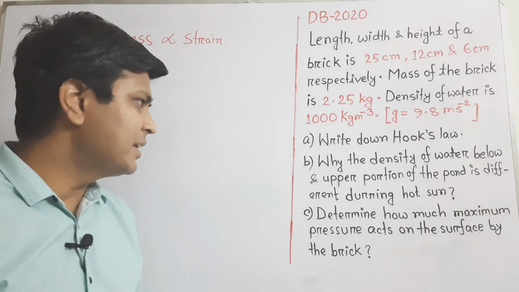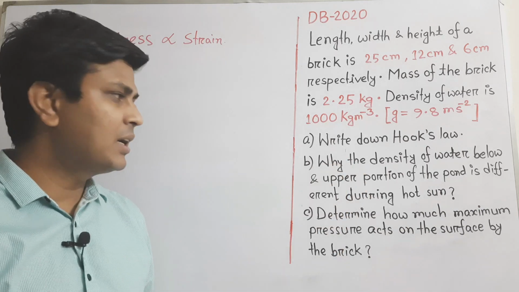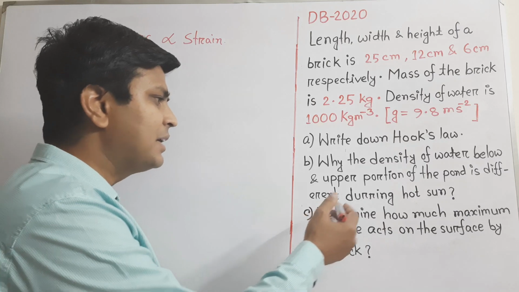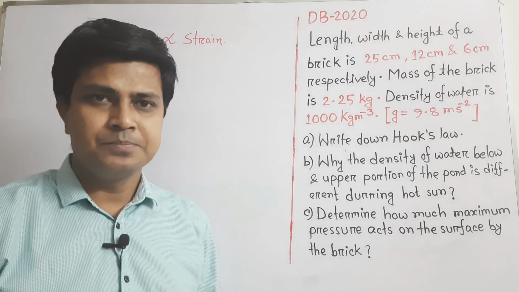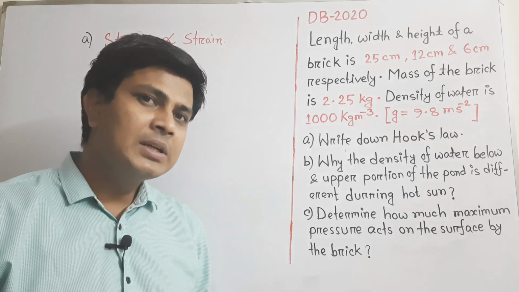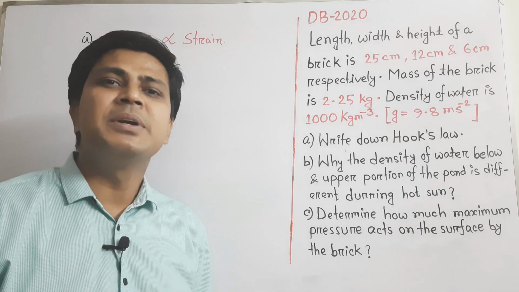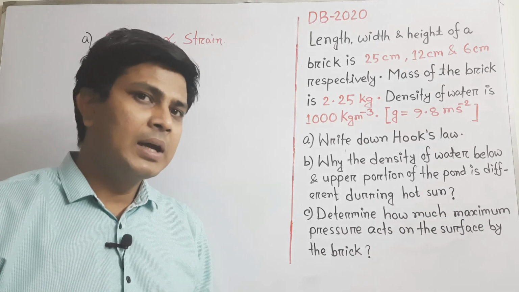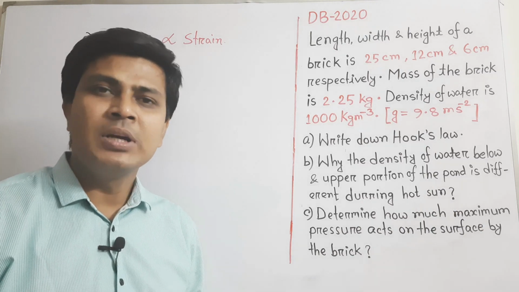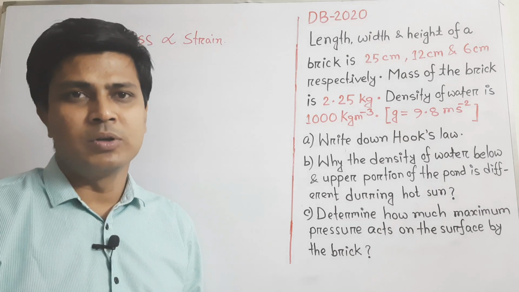Next question, question number B. The question says: why is the density of water at the lower and upper portion of the pond different during the hot sun? Because of the temperature. You know, the density of any material depends on the temperature, and at the surface of the pond the temperature is more than at the bottom of the pond.